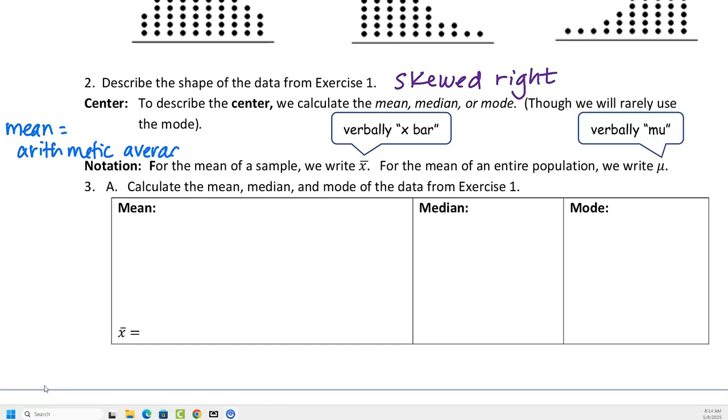So usually in elementary school, you find the average of a set of numbers, right? You add them all up and divide by the number of numbers, right? Median, do you remember what the median is? It's the middle number. So you arrange the numbers in order, and you find the one that's in the middle.